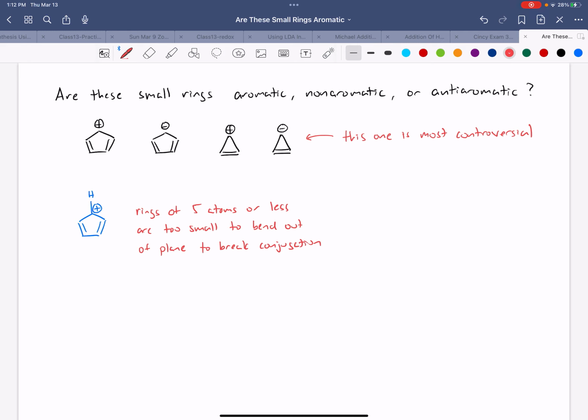The classic example of a molecule that can bend out of plane is cyclooctatetraene. Because if this was flat, this would be antiaromatic.